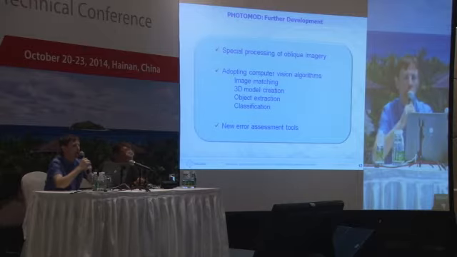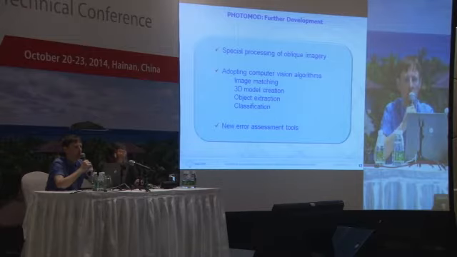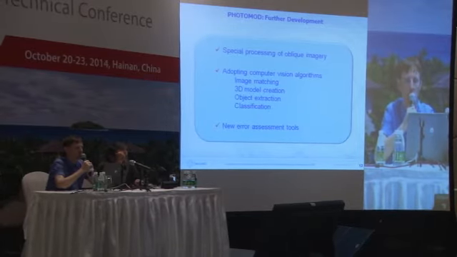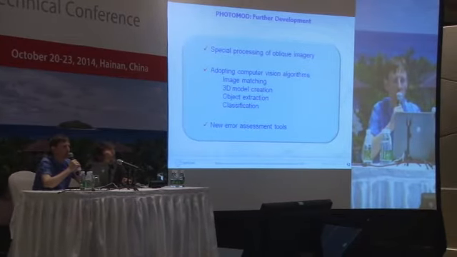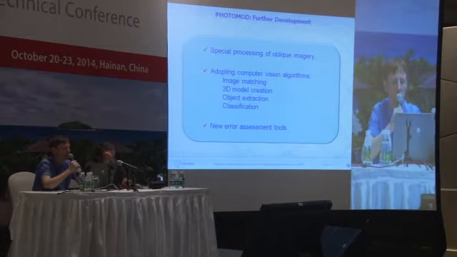And a few words now about more remote prospects of PHOTOMOD development. We're going to go deeper into oblique imagery processing because this is a quickly developing trend. We're going to improve the existing algorithms and develop new ones for image matching, for 3D model creation, for object extraction, for automatic classification.